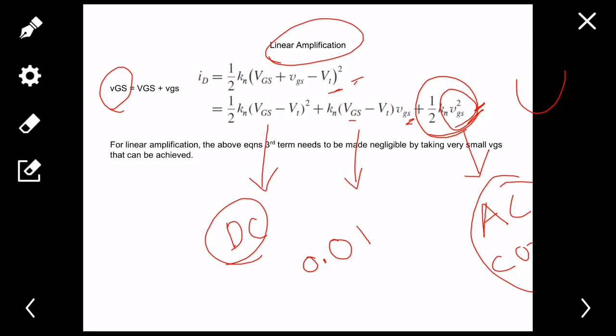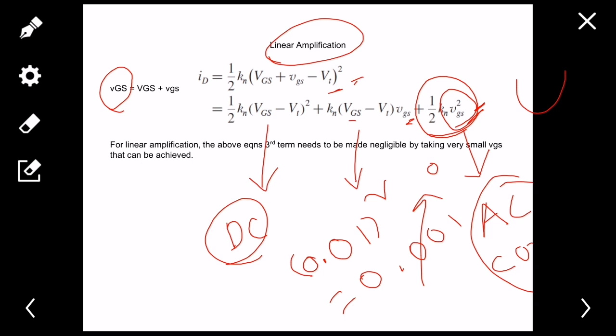So 0.1 means 100 milliamp, 0.01 means 10 milliamps. And you get to square it, so it becomes very, very small, which is actually negligible then.